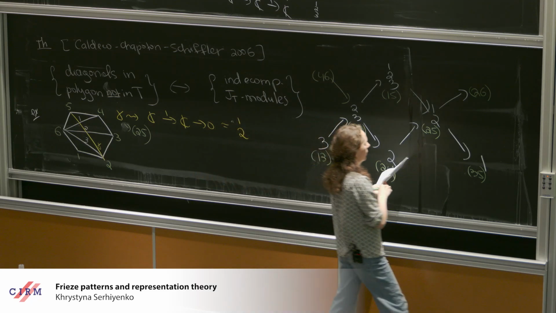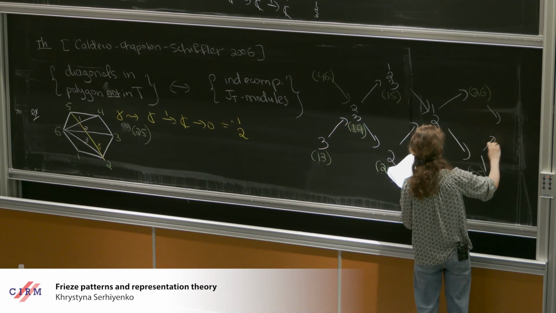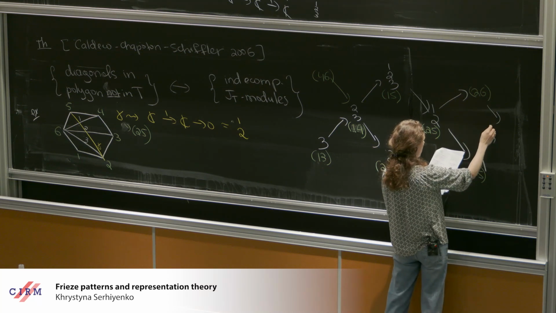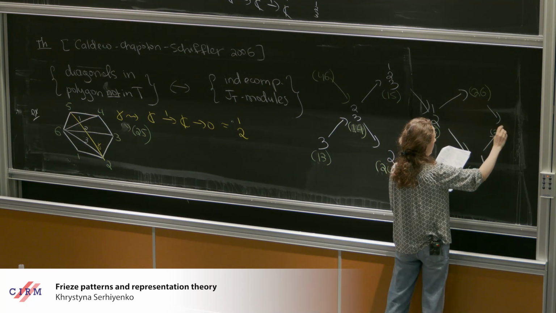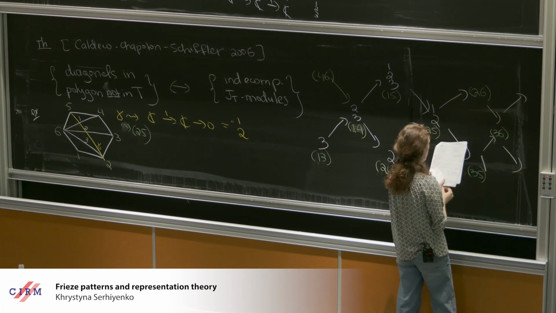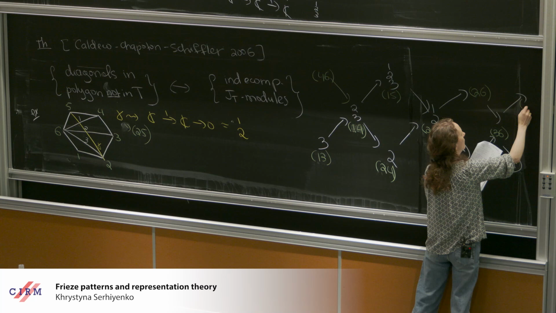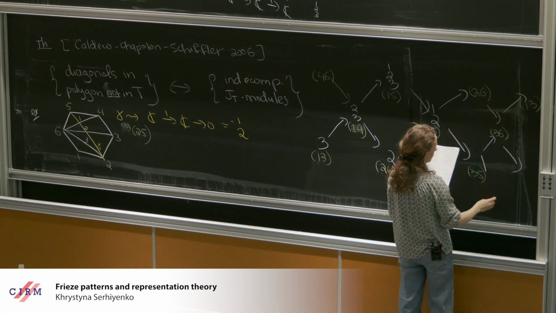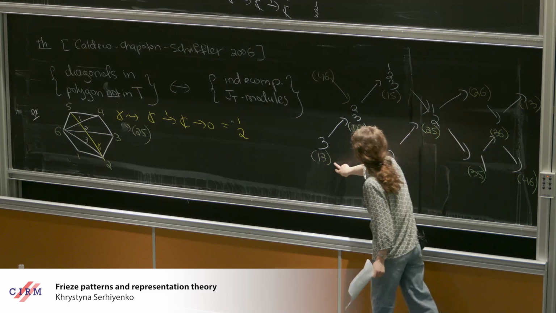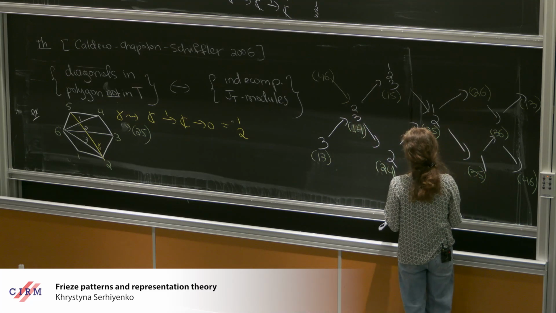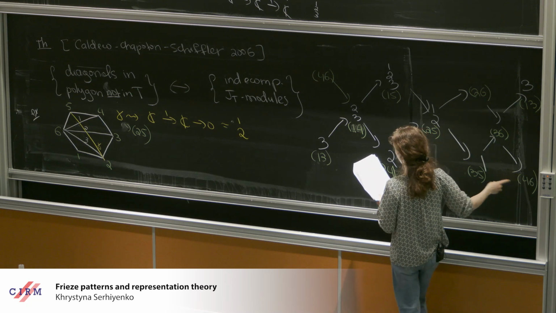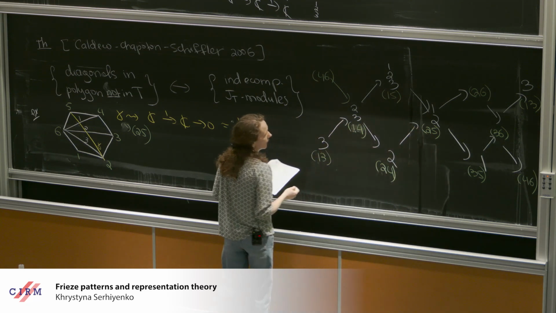I want to do one more. Here, 3, 6. One more, the last one: 1, 3 and 4, 6. So 1, 3 is the same as here, and 4, 6 is the same as there. 1, 3 corresponds to representation 3. 4, 6 does not correspond to a representation.